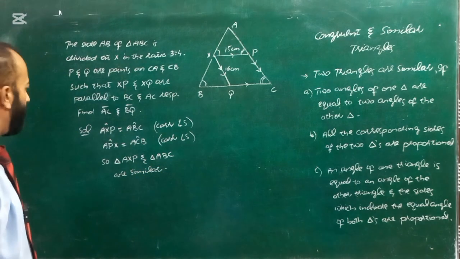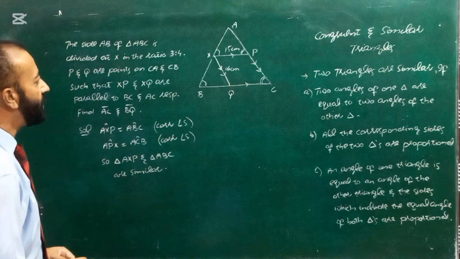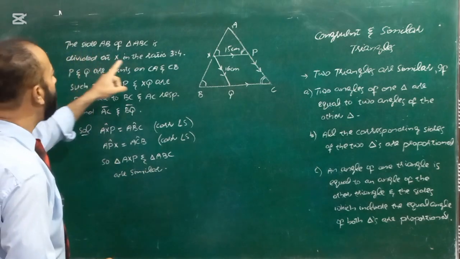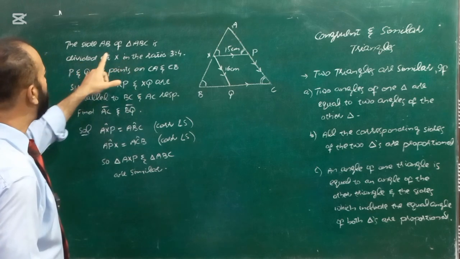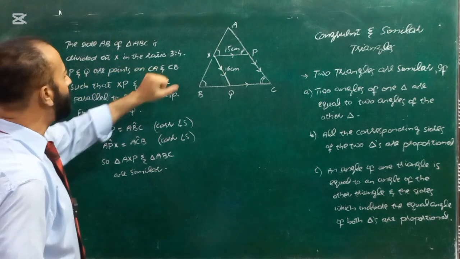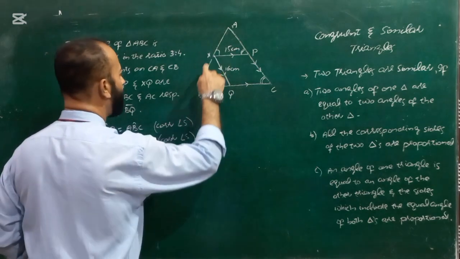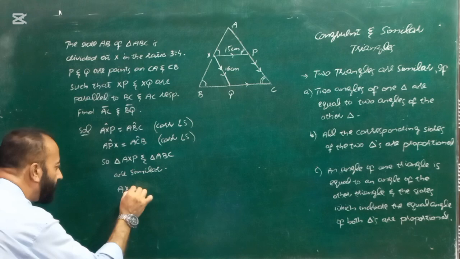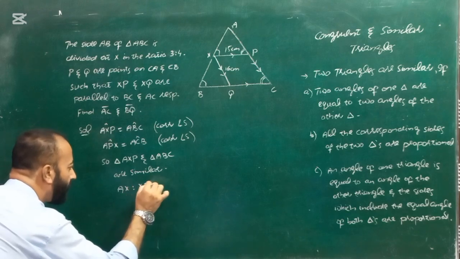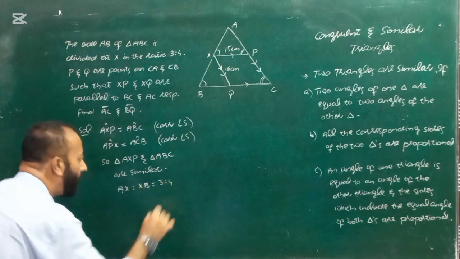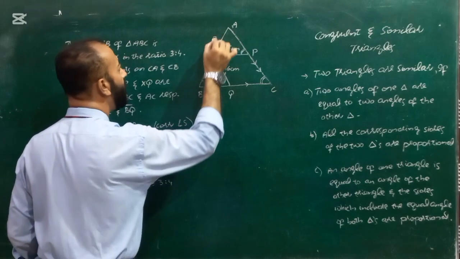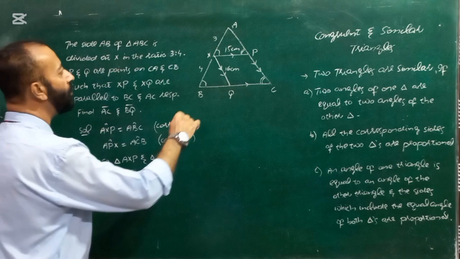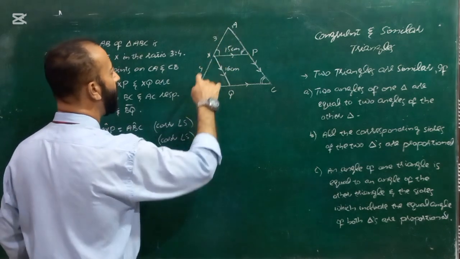First we have proved the triangles similar. Now we can use the properties of the similar triangles. So look now, here is the point given. The point X is divided in the ratio 3:4. So it means AX:XB will be 3:4. So here is 3, here is 4. Now we are moving from smaller triangle to bigger triangle.